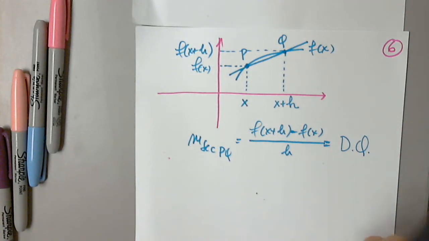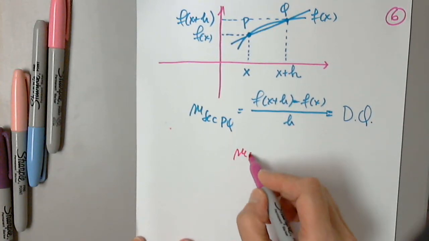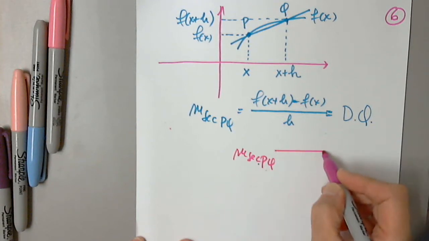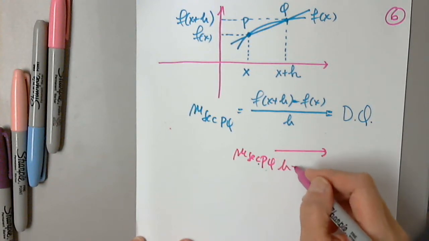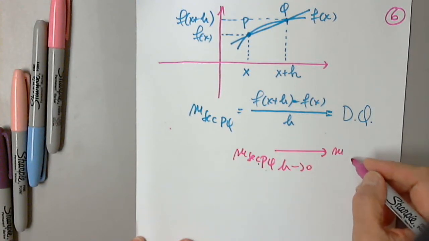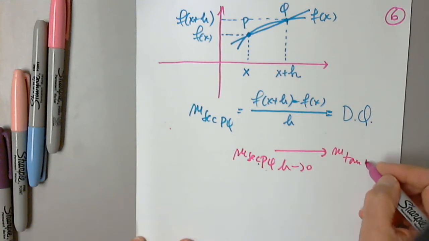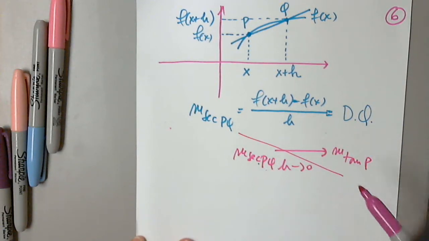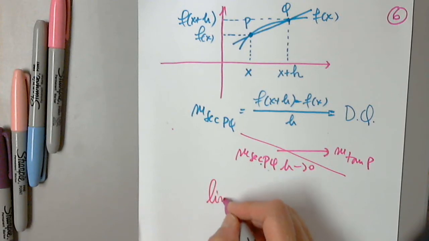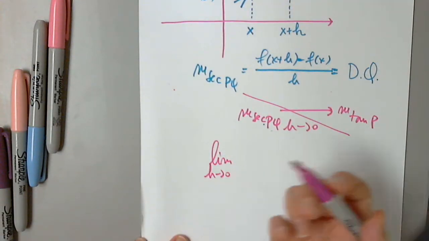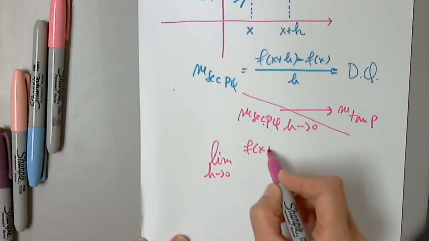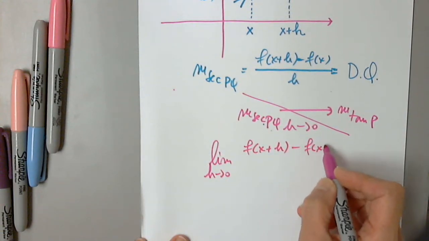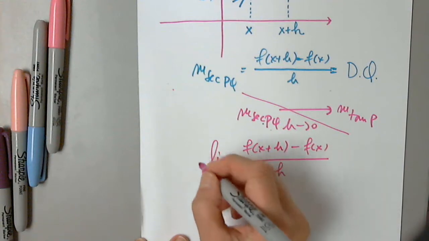So instead of saying what happens to the slope of the secant line PQ when h approaches 0, it will approach the slope of the tangent line at P, of course. We're going to put the limit in front of the difference quotient as h approaches 0. It is the same concept. We had to study them separately, and now we are able to put them together.